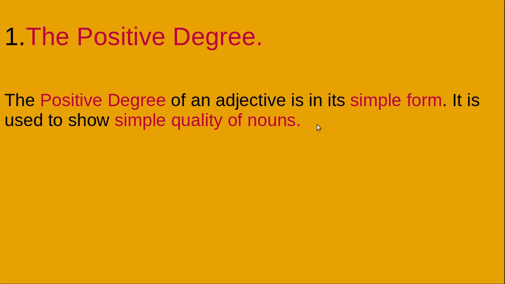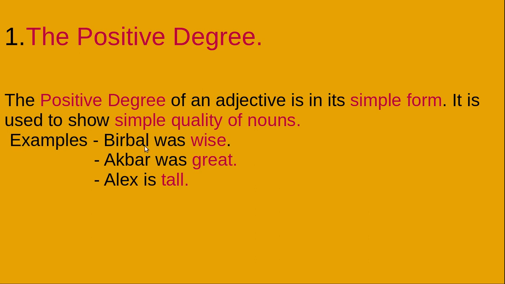That means when they are in the simple or basic form, they are called to be in the positive degree. Okay? Now, for example, Birbal was wise, telling about the wisdom of Birbal. Akbar was great and Alex is tall. I think there is no doubt.